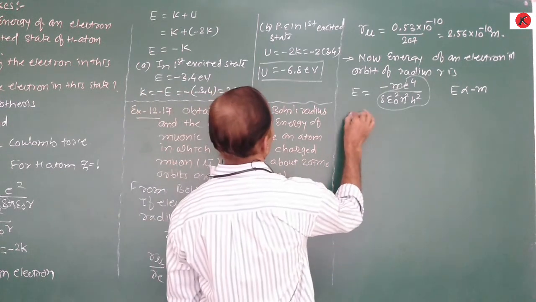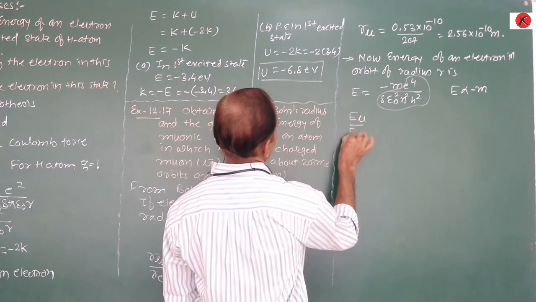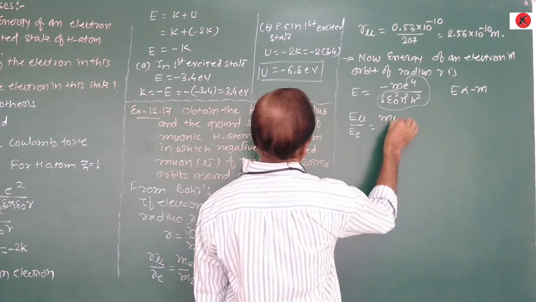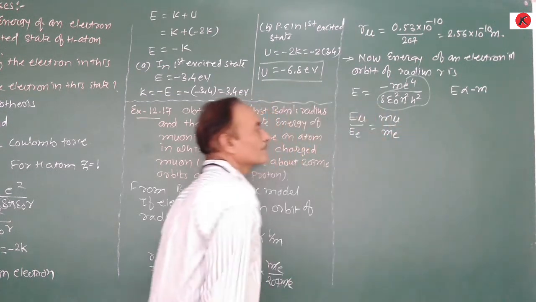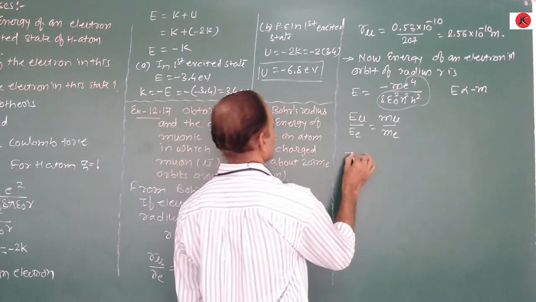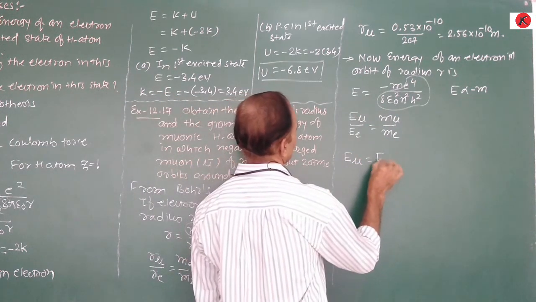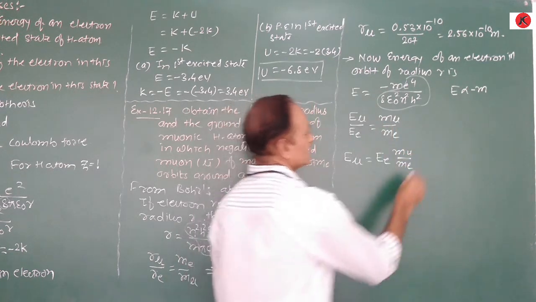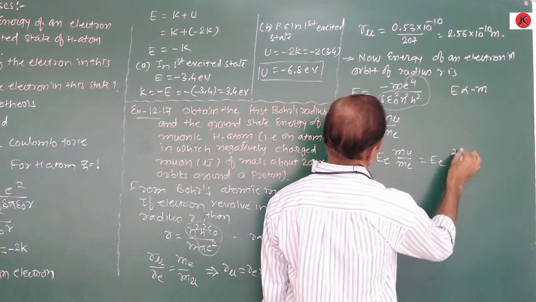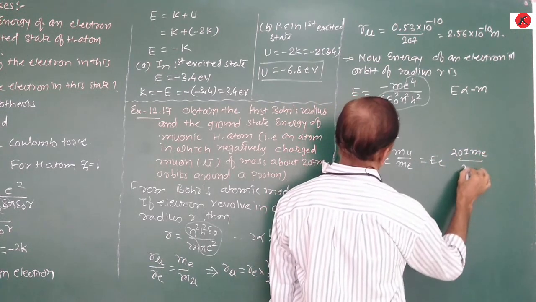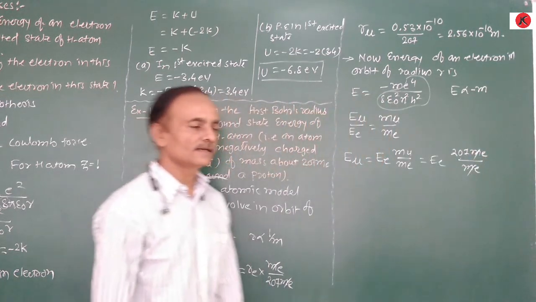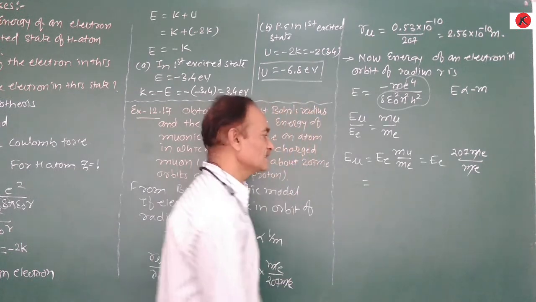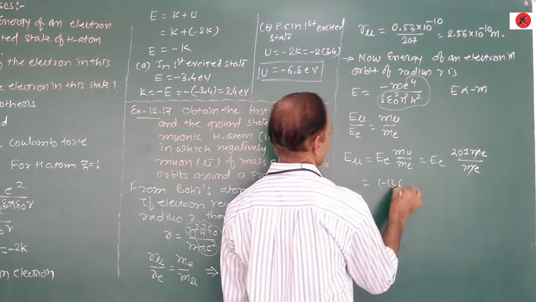Therefore, the energy of the muonic atom to the energy of the electronic atom is equal to Mu upon Me. So E mu is equal to E into 207 times Me upon Me, and Me cancels. We already know that the ground state energy of the hydrogen atom is minus 13.6 electron volt.